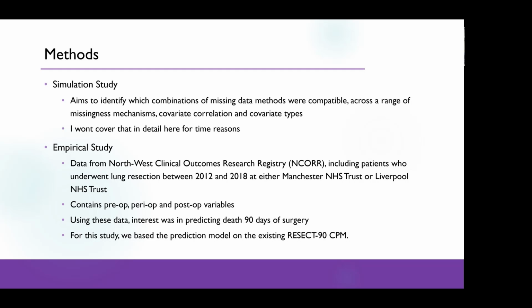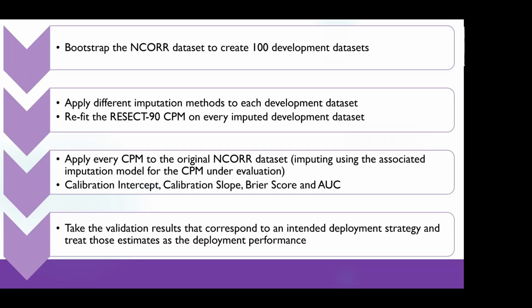And so in the paper, what we did is we draw on an existing model called RESET-90 that was developed using these exact same data for predicting individual risk of 90-day mortality post-surgery. And so to answer this question of which imputation methods are compatible, the process that we followed is as such.